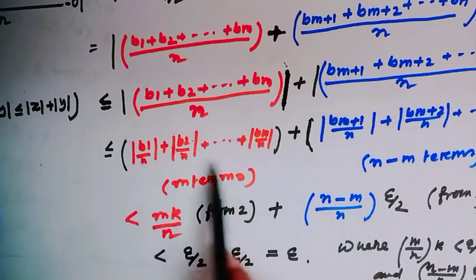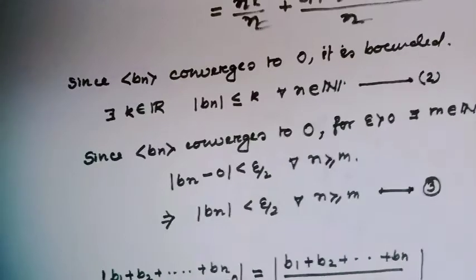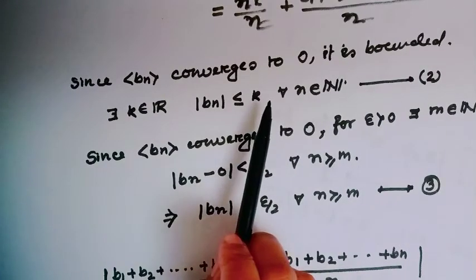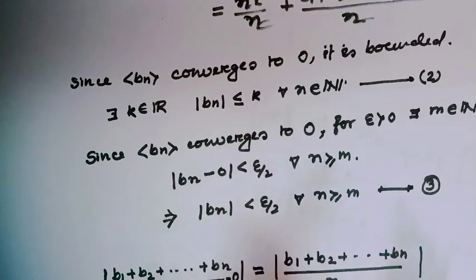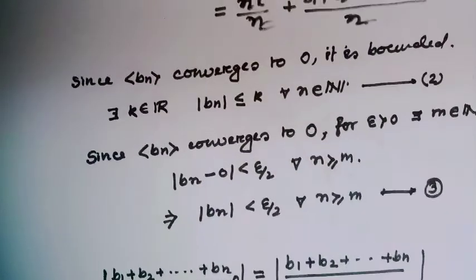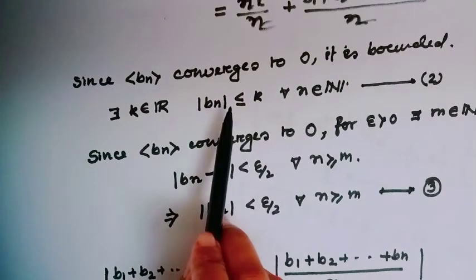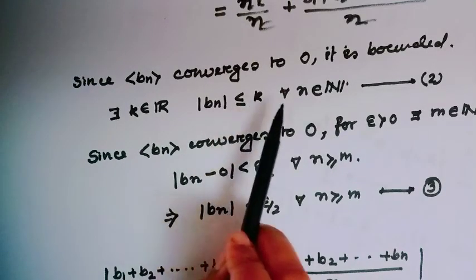Notice here there are m terms, and since bi is bounded, the absolute value of bn is less than or equal to k for all n belonging to the natural numbers.